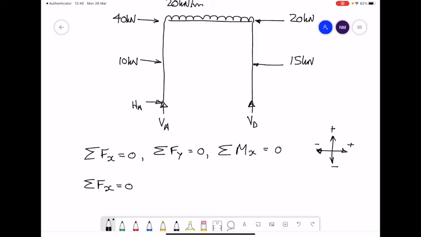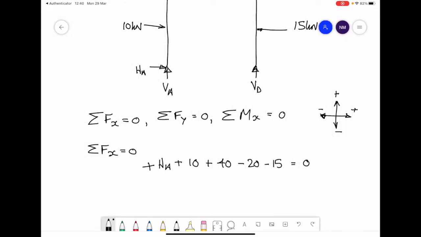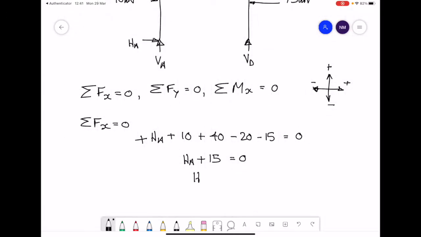So looking at all the horizontal forces, we have HA positive, plus 10, plus 40, minus 20, minus 15 equals 0. Adding all the number parts together, we get HA plus 15 equals 0. Rearranging the equation, HA is equal to minus 15 kilonewtons. There's your first reaction force worked out.